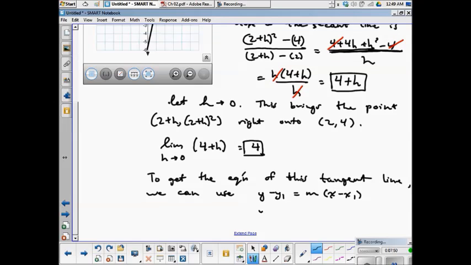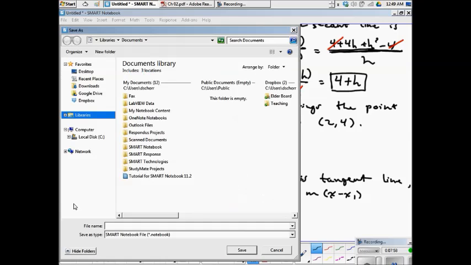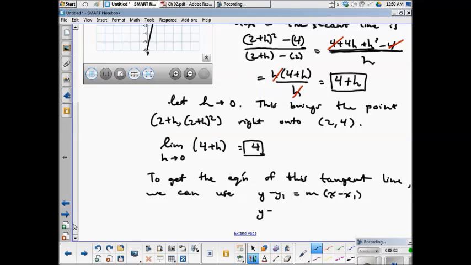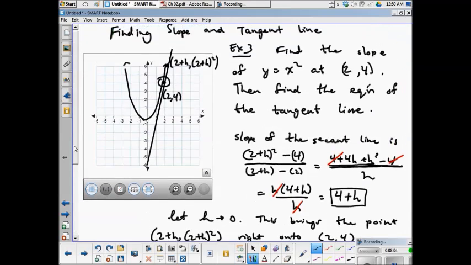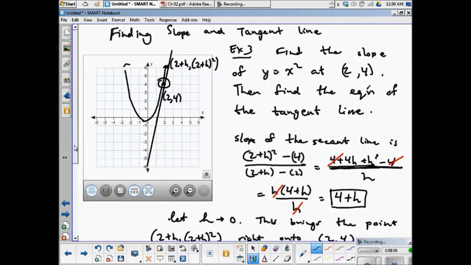We know that it has slope 4 and that it passes through (2, 4). That's plenty of information to find the equation of the line.